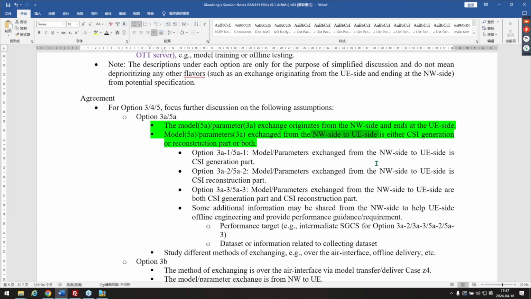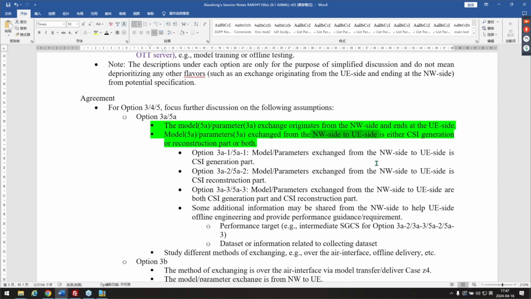David? Yeah, thanks, Chairman. From the discussion, I'm still confused about this performance target for 3A-2. In the previous meeting, in the definition of option 3, only the parameters are exchanged, right?